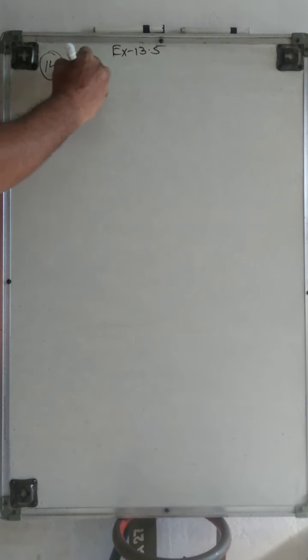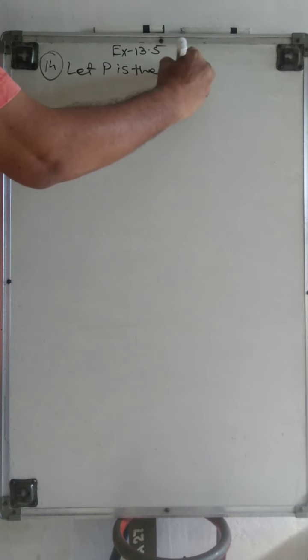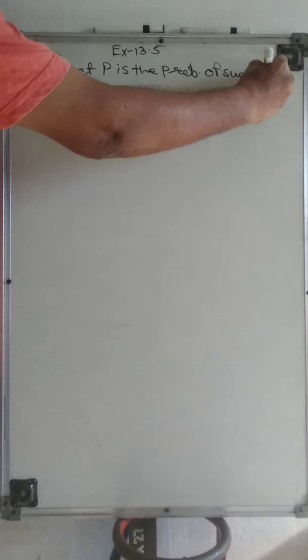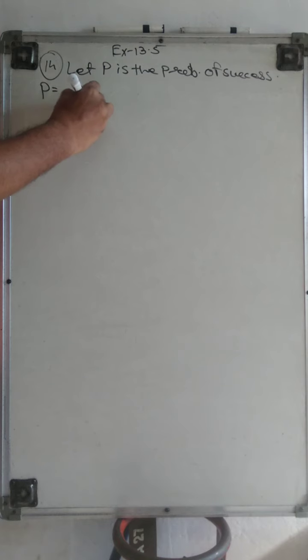Here, let P be the probability of success, and we know that out of 100 bulbs 10 are defective, and we consider that defective bulbs are the success, right?